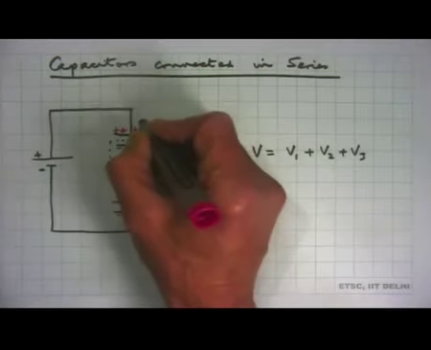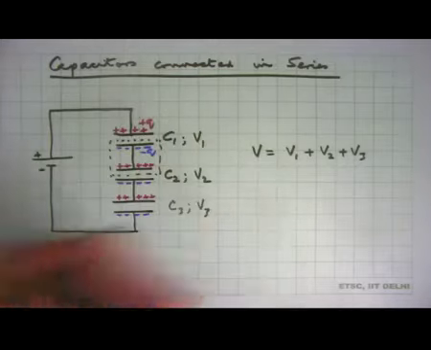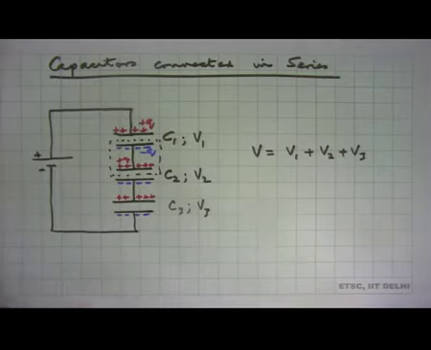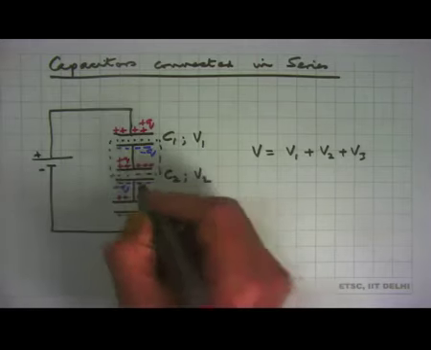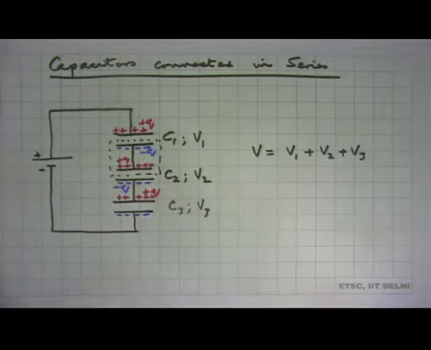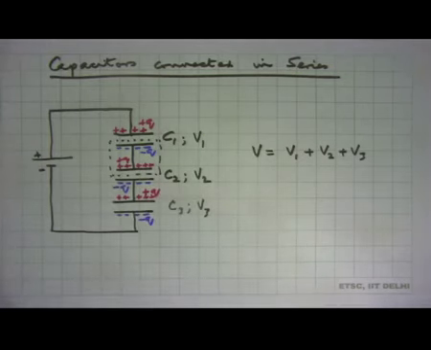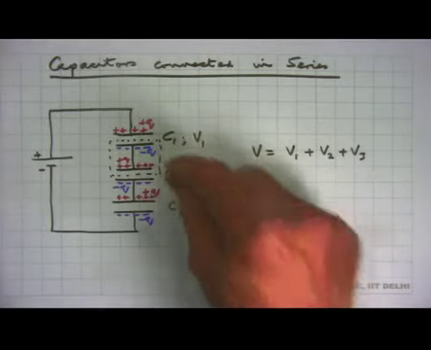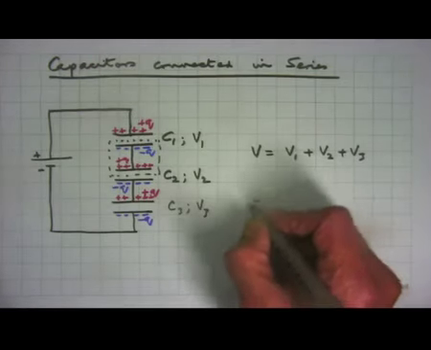So, if this is plus q here, this is minus q on the lower plate of the capacitor C1, which then induces plus q on the upper plate of C2, which then induces minus q on the lower plate of C2, which then induces plus q on the upper plate of C3, and finally minus q on the lower plate of C3. So, what has actually happened is the battery has only supplied a charge q, and that charge q is now the same in all the capacitors C1, C2 and C3.